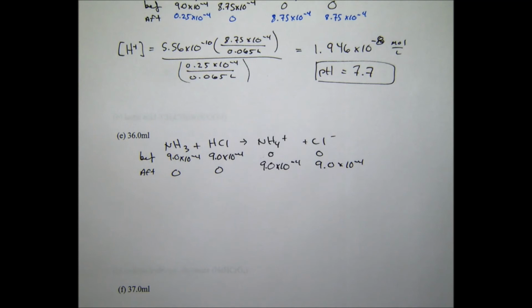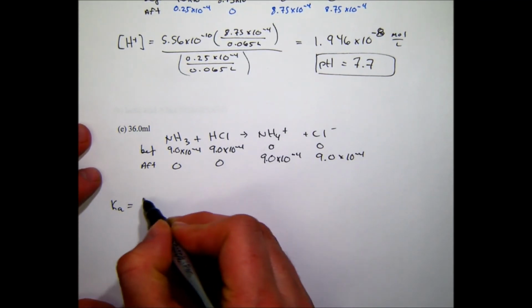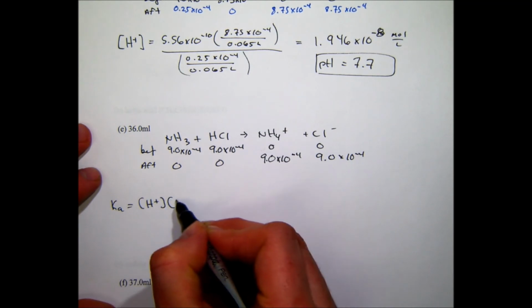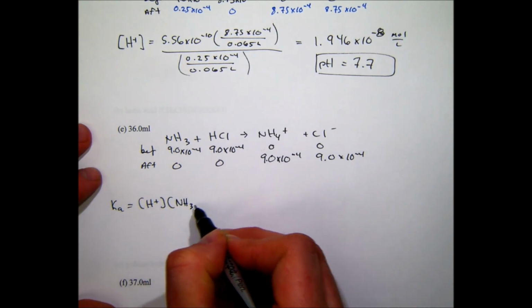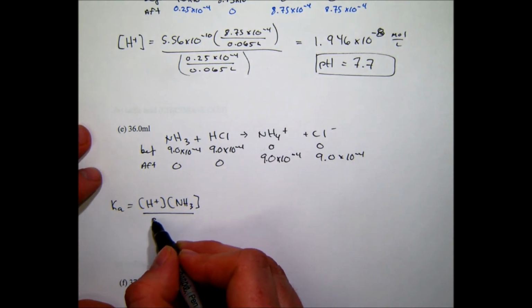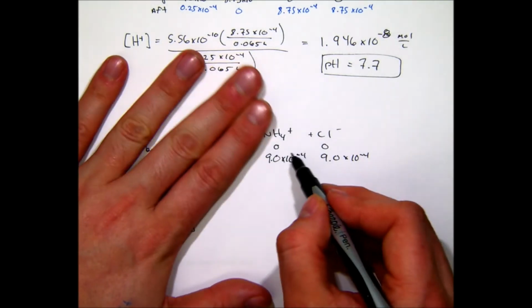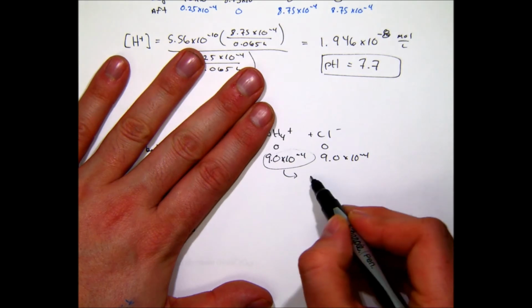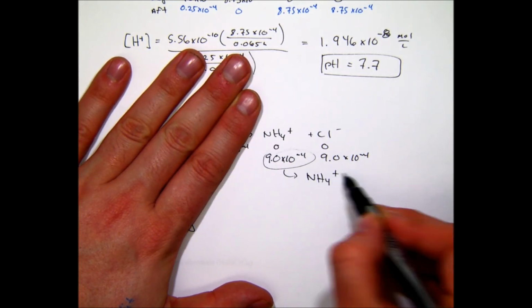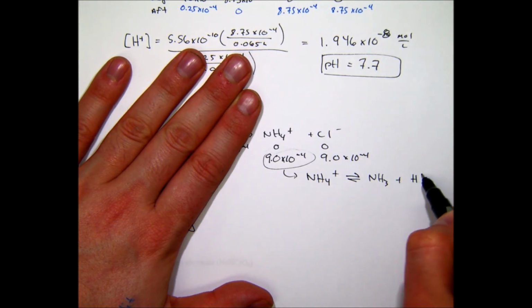So we will now create an equilibrium with NH4. And so this is a little bit different because of how this has to work. So Ka is equal to the concentration of H plus, the concentration of NH3 over the concentration of NH4 plus. So remember that basically we're just ignoring what's happening here, and we're assuming that we have NH4 plus dissociating into NH3 plus H plus.